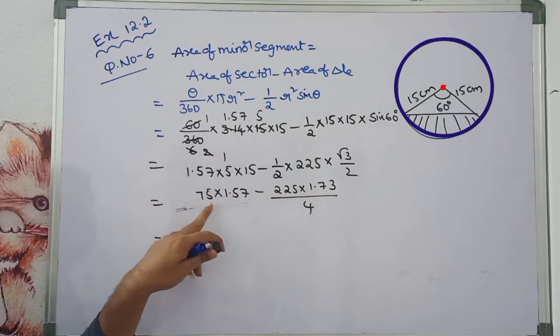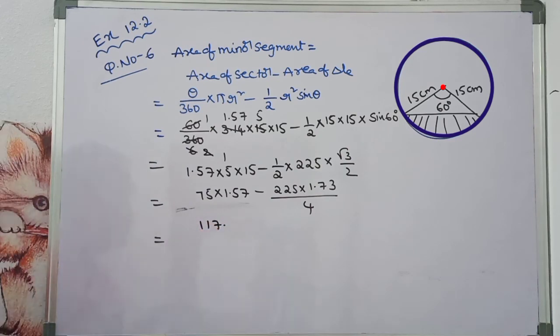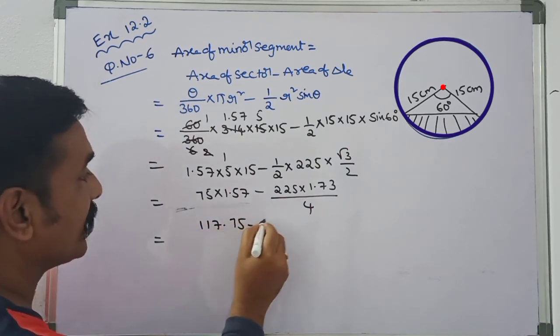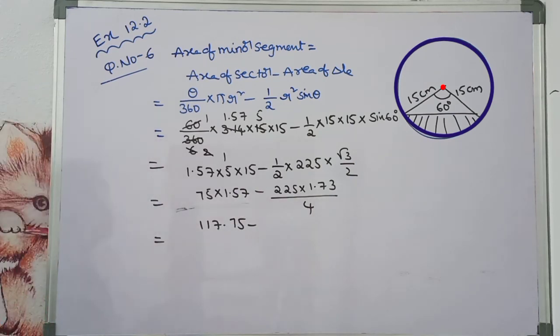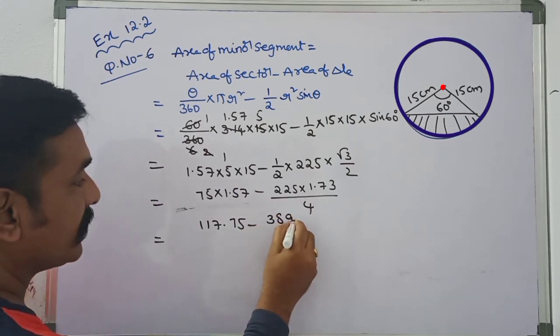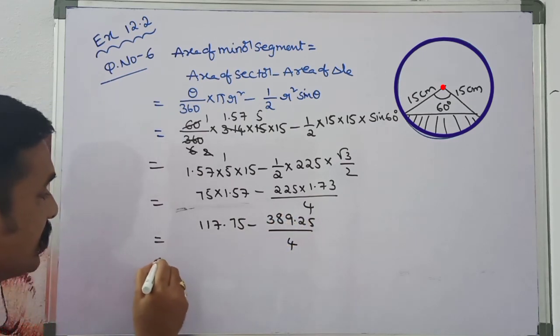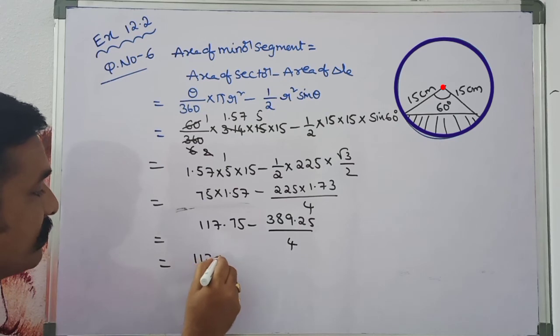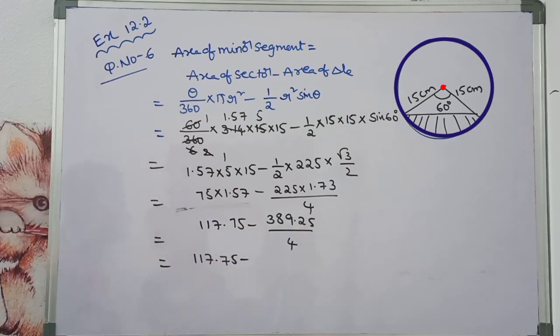Now 1.57 into 75 equals 117.75, minus 225 into 1.73, which is 389.25 by 4. That equals 117.75 minus, if you simplify this part, 97.3125.